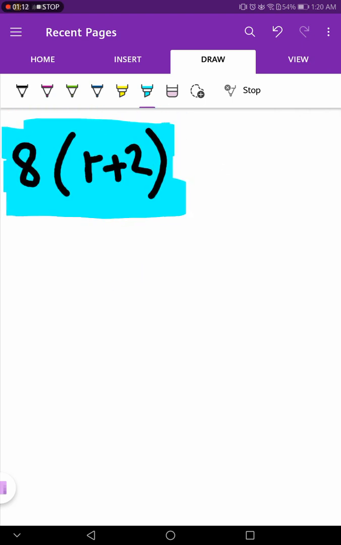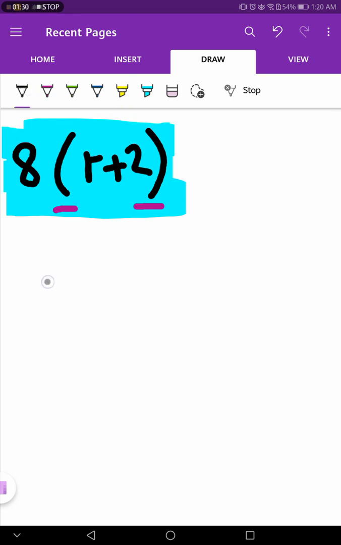And my dear student, if you see the parentheses here, you have to use the distributive property, or Ali's story, how Ali visits his home.